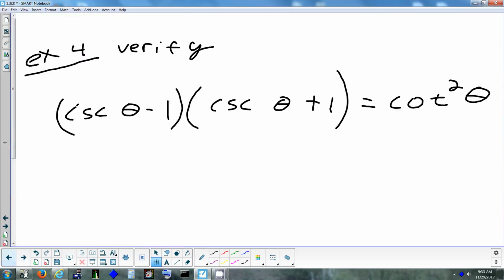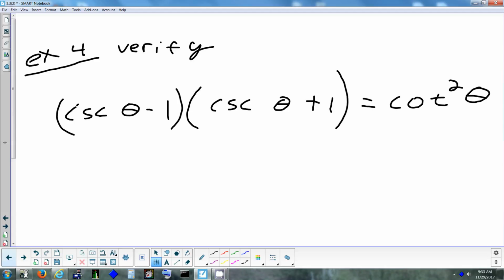All right, so this one's going to be kind of the opposite of the last one. This one is going to be very, very easy. It's pretty much going to be 1 step, 2 maybe, depending on what you define as a step. We have cosecant minus 1 times cosecant plus 1.